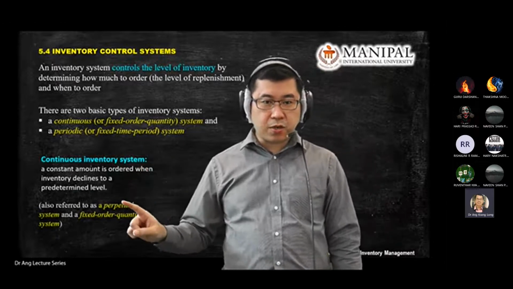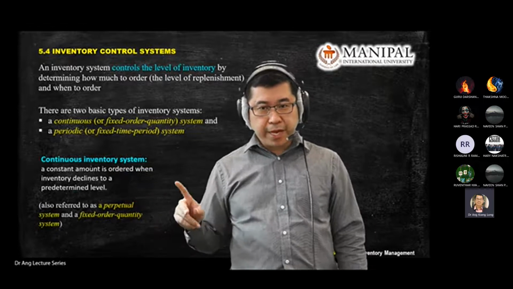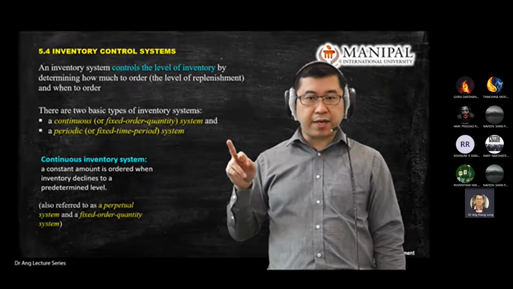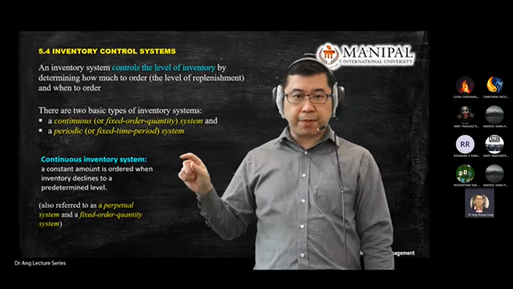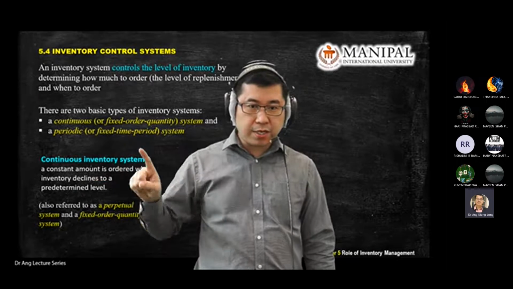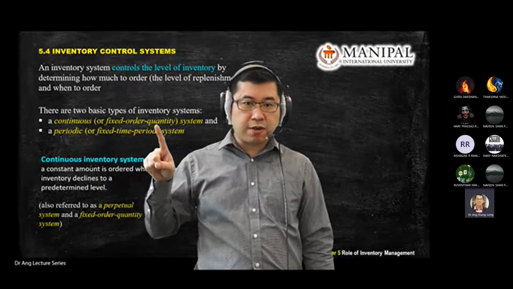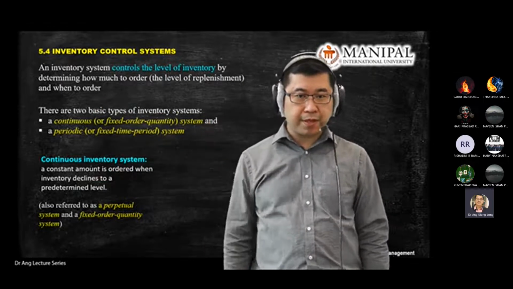Another name: there are two names that fall under continuous. It depends on textbook to textbook, and also from one company to another company. But you will see the same meaning, either continuous, perpetual, or fixed order quantity. For our module, we use continuous system.